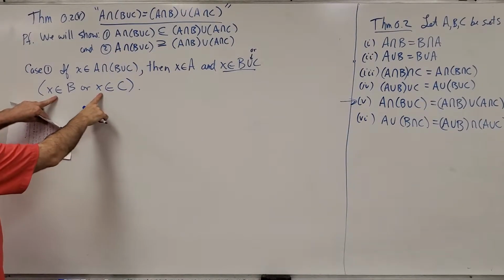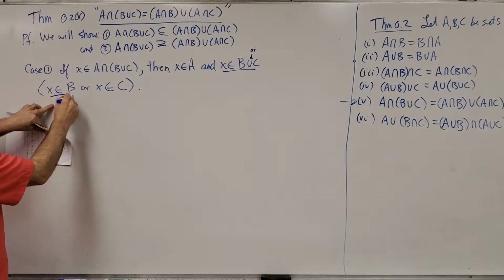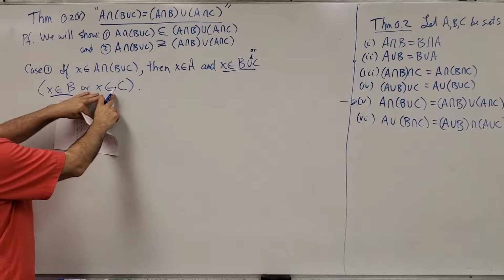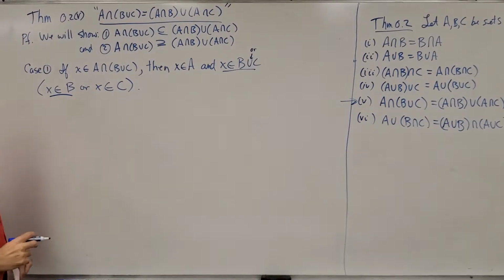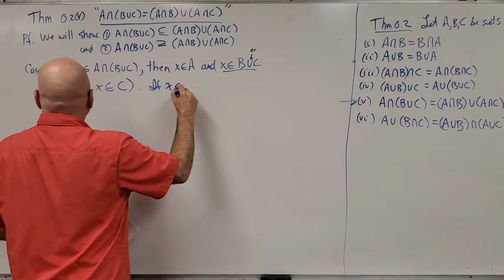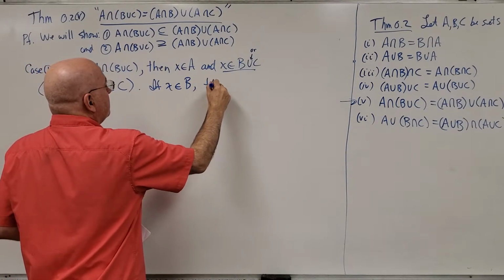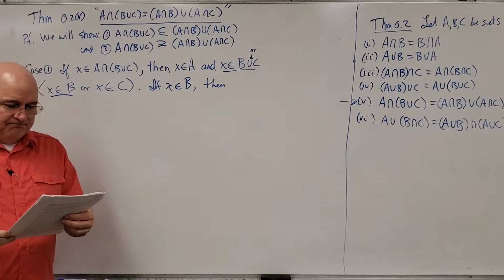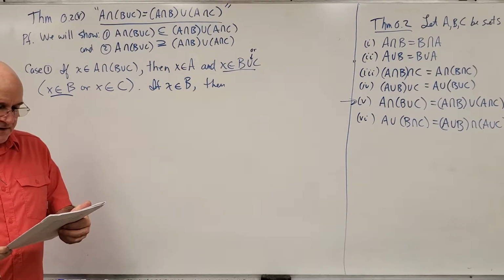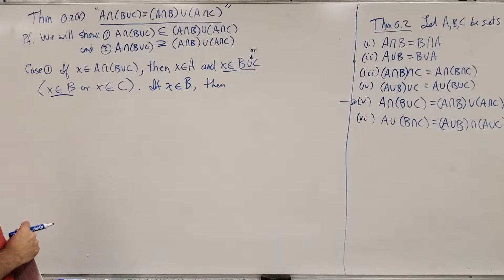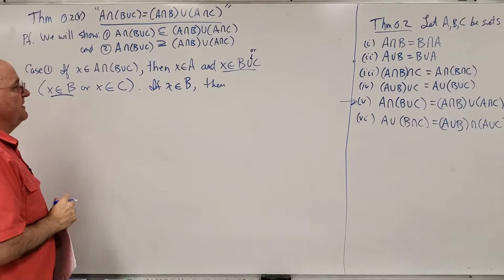So I'm going to break this into two cases. If this part of it is true, and then I'll say, okay, well, that may be false, which means this part of it is true. If X is in B, then I was going to make it harder than it needs to be, but actually, this is very simple.